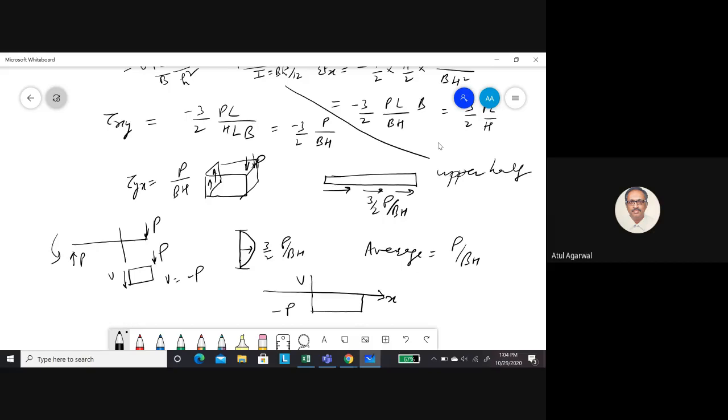And this shear force is generated by shear stress. And shear stress has the same variation on every length. Same variation, but variation is given by this. At the top surface, 0. At the middle surface, maximum.